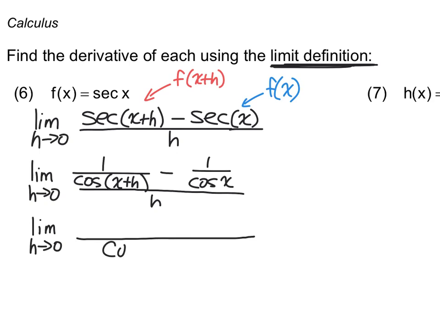So I'll just put that common denominator here. Now, if I get that common denominator, what I'd be looking at is cosine x minus cosine of x plus h.